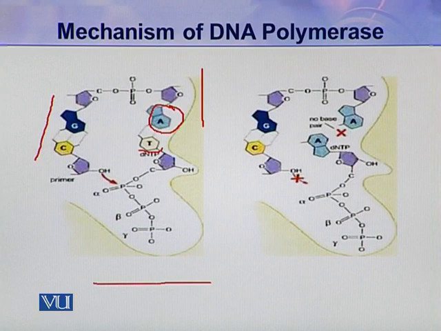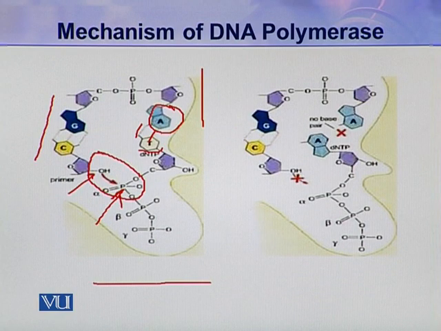When it base pairs, here you can see the orientation of the 3' hydroxyl group and the alpha phosphate. They come in front of each other. So only in this way this hydroxyl can attack the alpha phosphate of the incoming nucleotide.